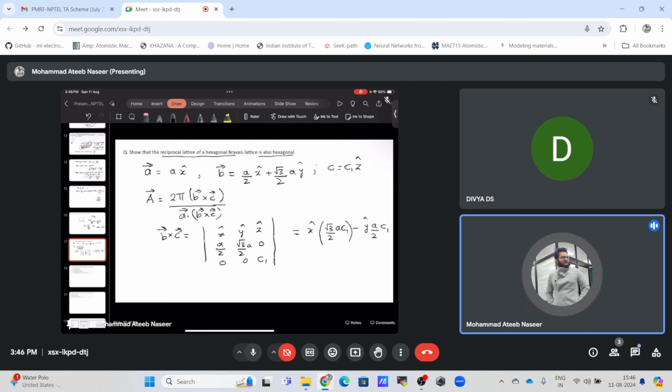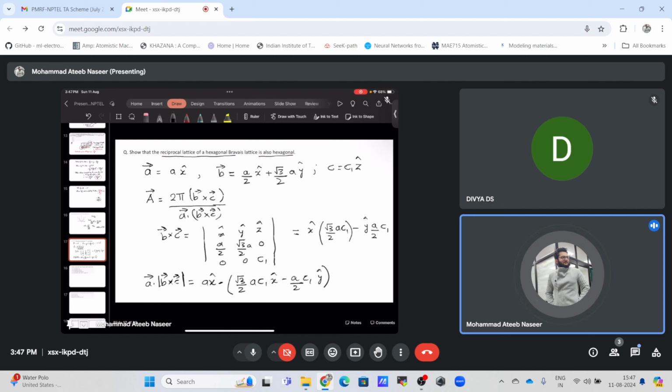And now the volume is simply A dot B cross C. B cross C we found out, and now A is a x hat, dotted with root 3 by 2 a c1 x hat minus a by 2 c1 y hat.